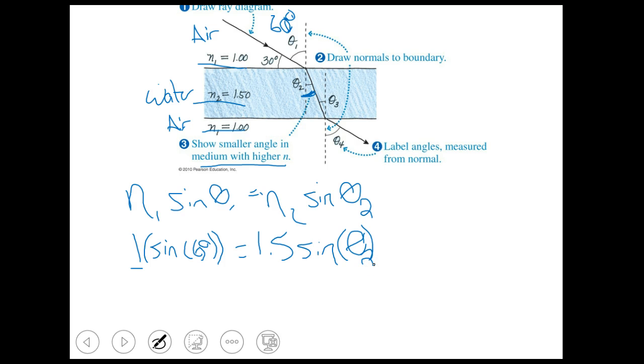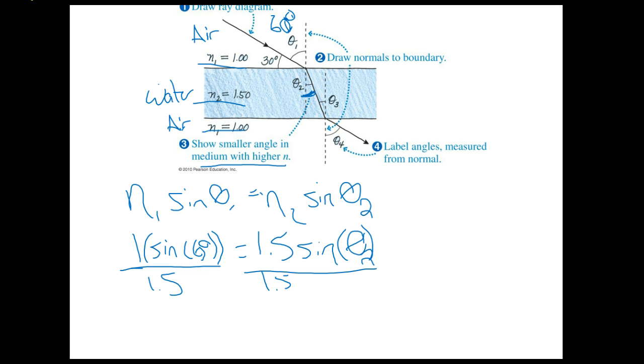I want to know what theta 2 is. And so what I'll do is I'll go ahead and multiply out: sine of 60 degrees is 0.86. I'm going to divide both sides by 1.5, so I get 0.57 equals sine theta.